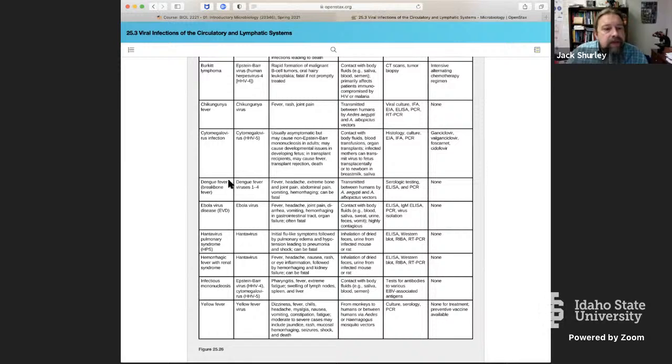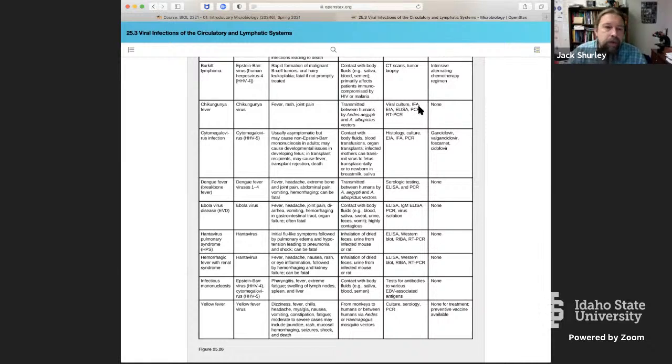The next few we kind of skipped over in the lecture. We'll hit them right now. Chikungunya fever. This virus causes fever, as the name implies, rash and joint pain. It's transmitted by a couple of different mosquitoes, and with that, we can detect antibody.